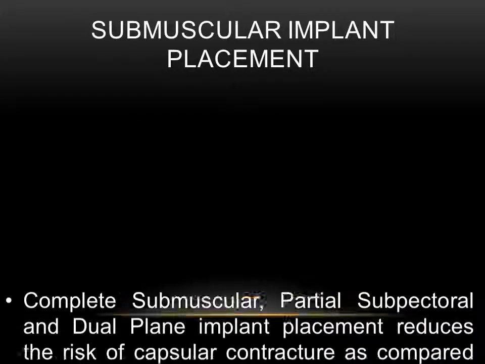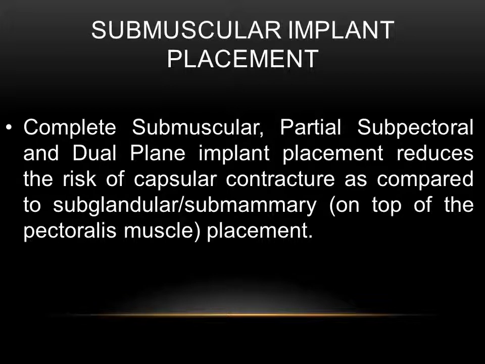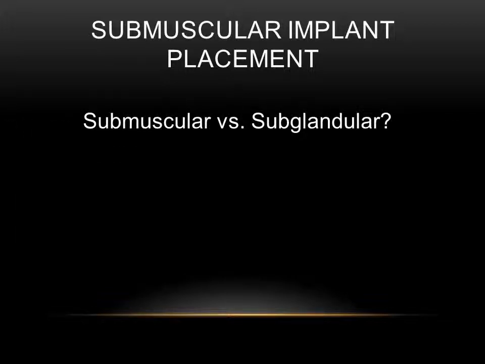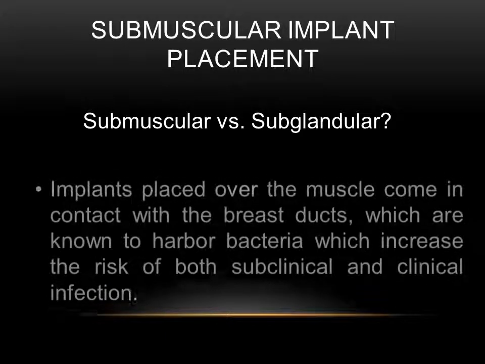Submuscular implant placement. Complete submuscular, partial subpectoral, and dual plane implant placement reduces the risk of capsular contracture as compared to subglandular or submammary placement. Why submuscular over subglandular?